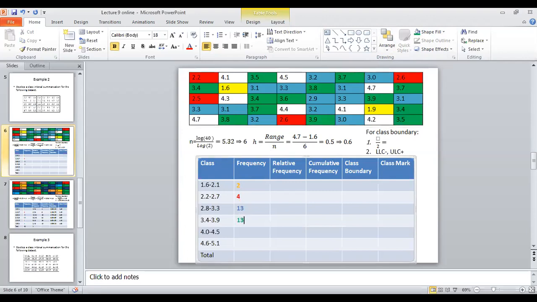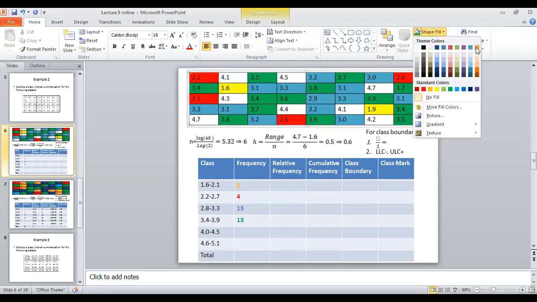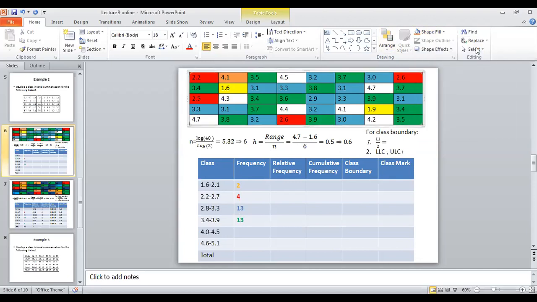Then from 4.0 to 4.5, let's mark this one, and this one, and this one. Now we have to count all these orange colored cells, and this appears to be 1, 2, 3, 4, 5, 6.